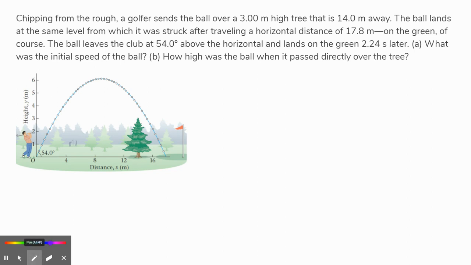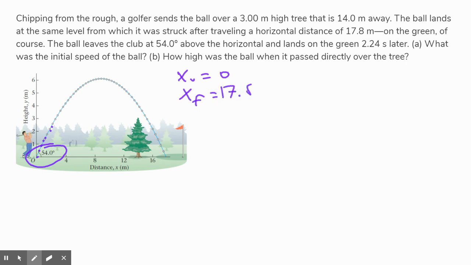So we see that because theta is not 0, we're going to have both x and y components. This, at any point, is going to have an x and a y component, so we're going to have to find some of this information. Okay, well, what do we have? Let's just write down a few things that we have. We can say it starts at a position of 0 and it ends 17.8 meters away.